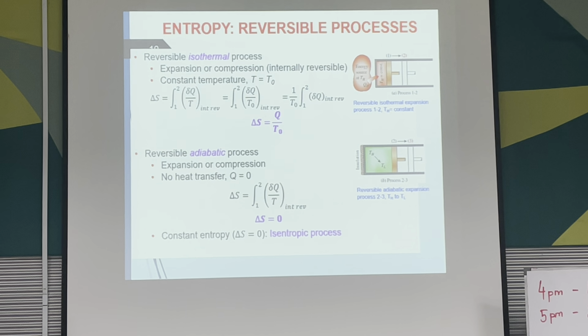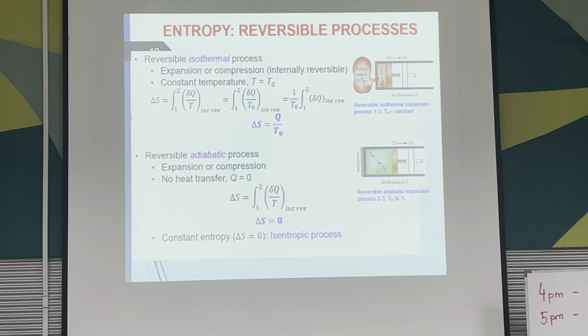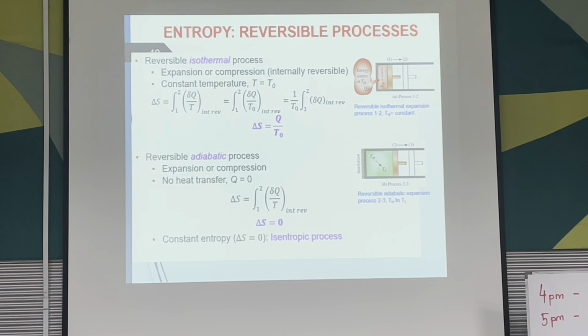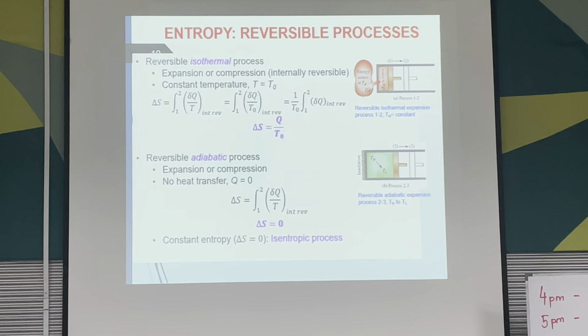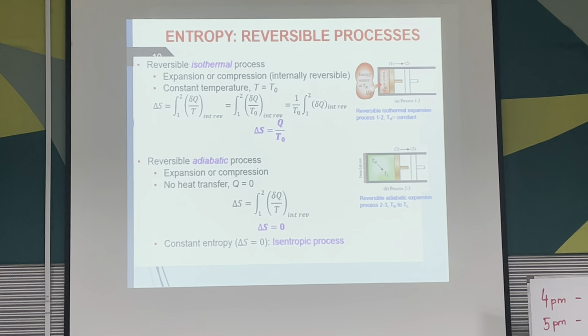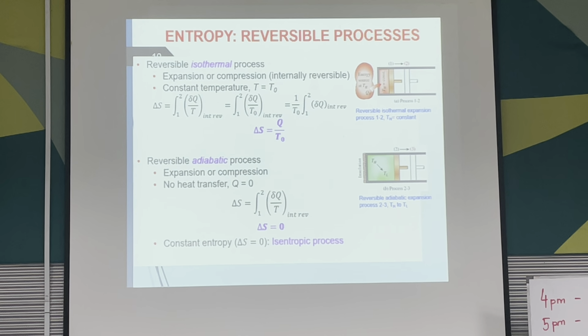Okay, so here we look at two special cases. The first case we have talked about. If you have an isothermal process, then delta S is simply Q over T naught, the change in the heat over the temperature. Now, let's say we have an adiabatic process. If you have an adiabatic process, meaning we don't have a Q value, then the change in entropy is actually 0.